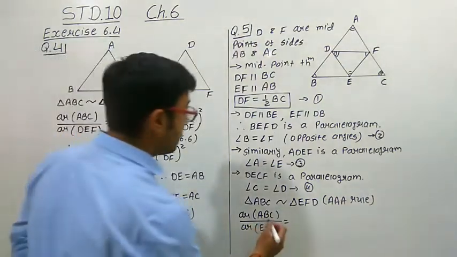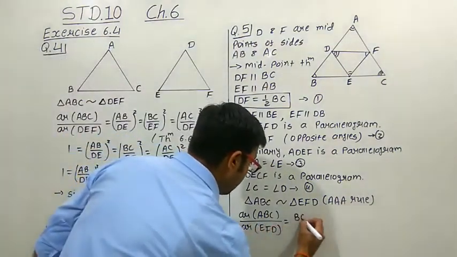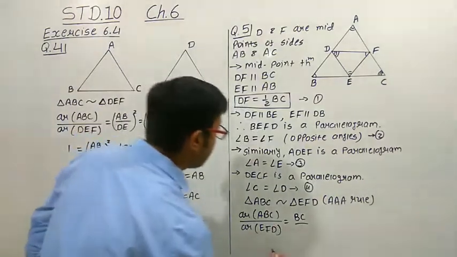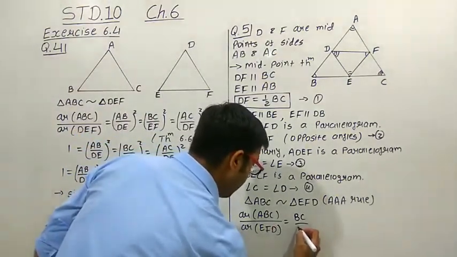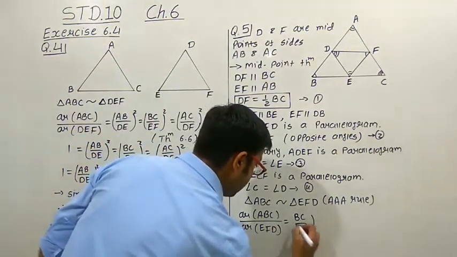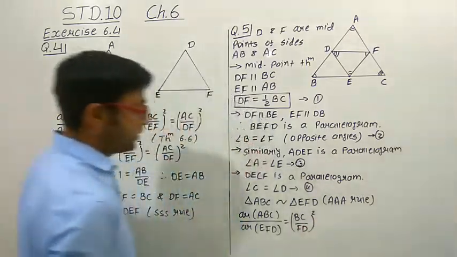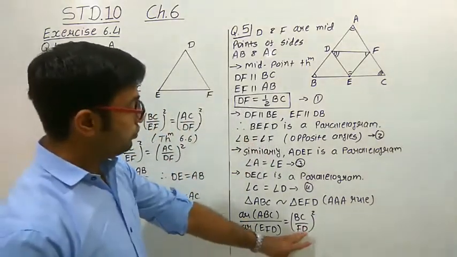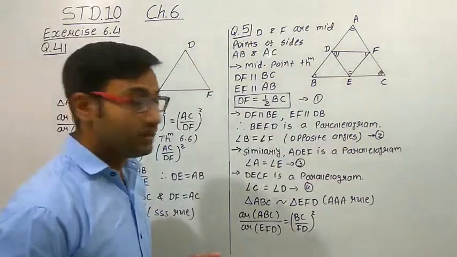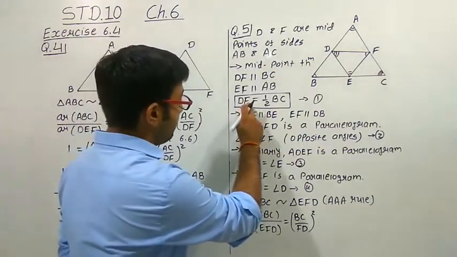So here we are taking the BC side and here we are taking the FD side, and it is the square.